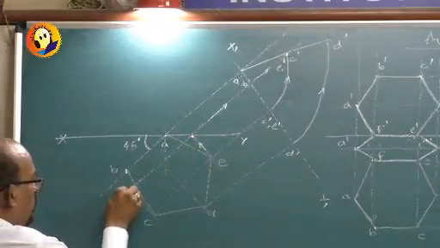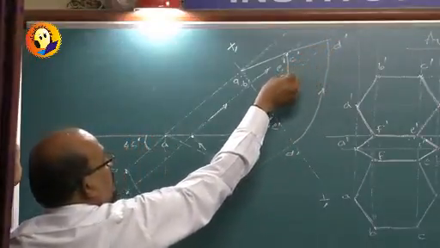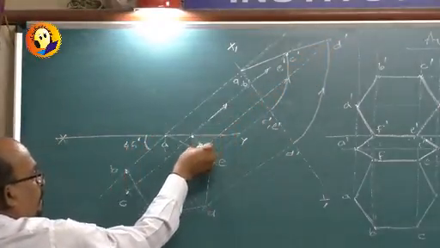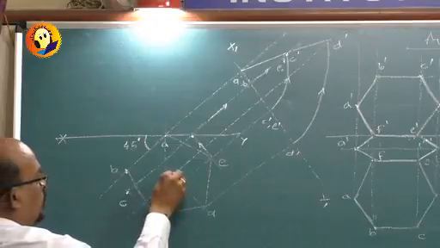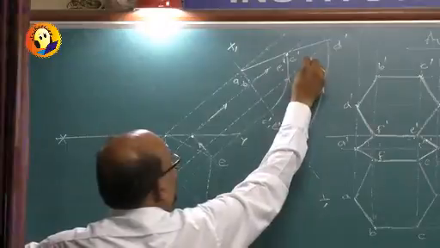So this will be the new position of C, and take this D dash, and this is going to be the new position of D. We just take them down.